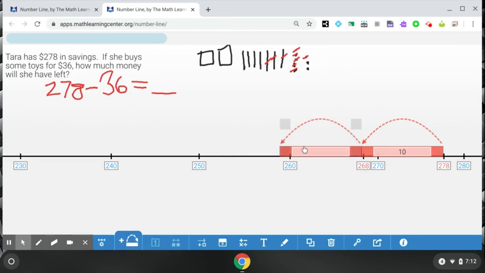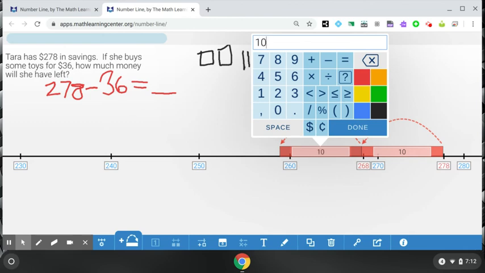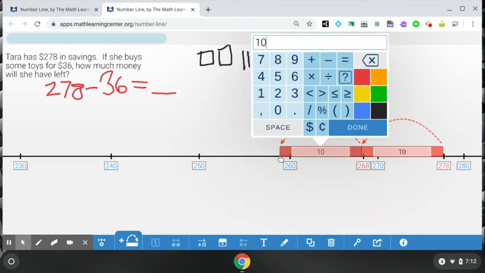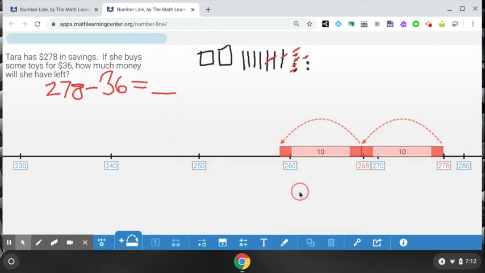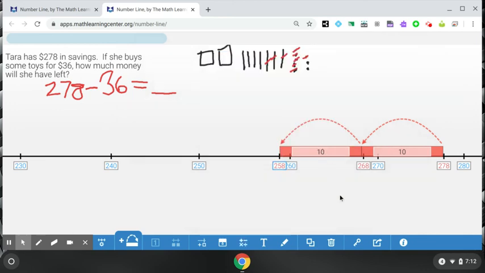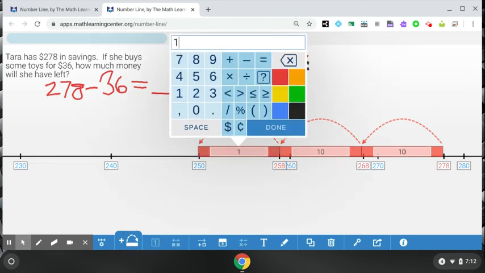And if you see, that's just like another base 10 block. 278, 268, I would label this as 258. I still need another 10. So let me make my next 10 here.